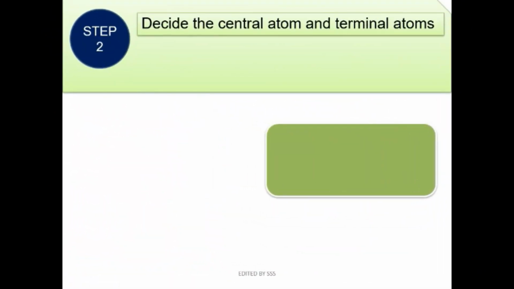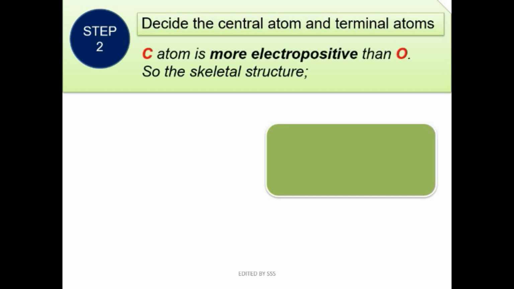Step 2. Decide the central atom and terminal atoms. Carbon atom is more electropositive than oxygen. Therefore, carbon is chosen as the central atom while oxygen as the terminal atom.